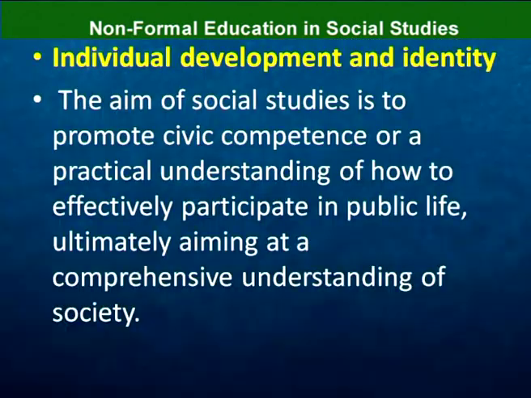Culture and institutions also influence the surroundings where we live. So, family, peers, culture, institution, all these influence shaping personal identity, individual development. Through social studies, students examine the factors that influence an individual's personal identity, development and action.